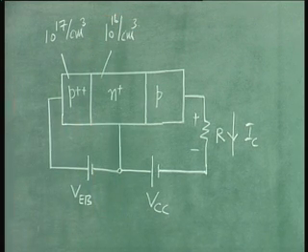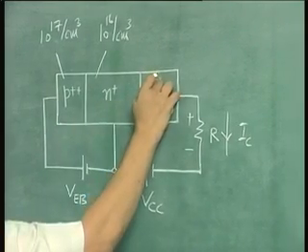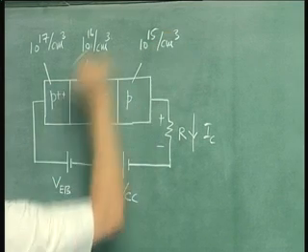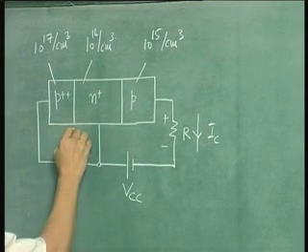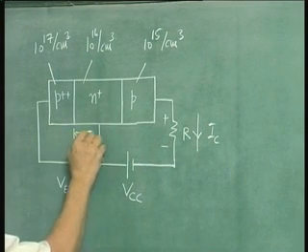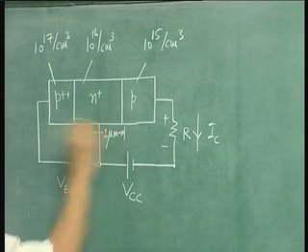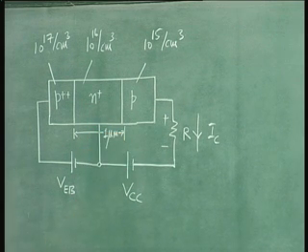Now this is 10 power 15 per centimeter cube. This width is what we have been given as 1 micrometer, up to this point.